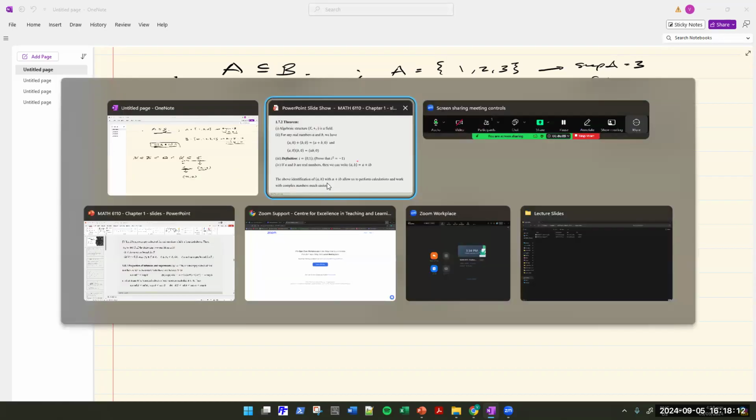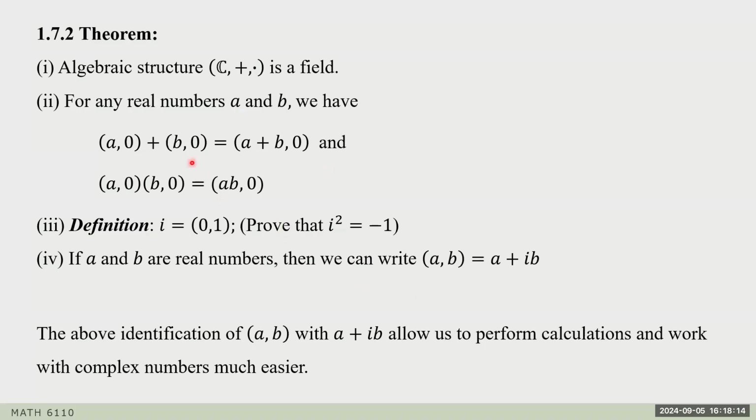So you identify a real number a with a comma 0, and a real number b with the complex number b comma 0. That will recreate an image of the real numbers inside the complex numbers. Okay, so just something to be aware of.